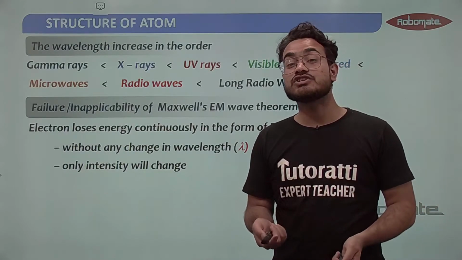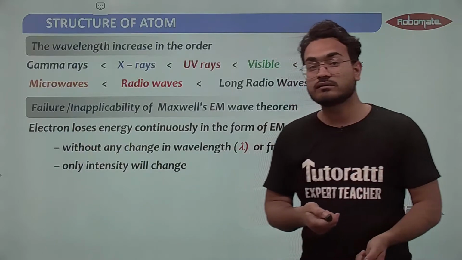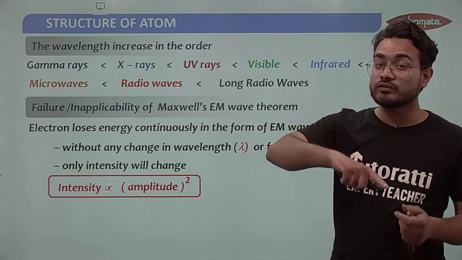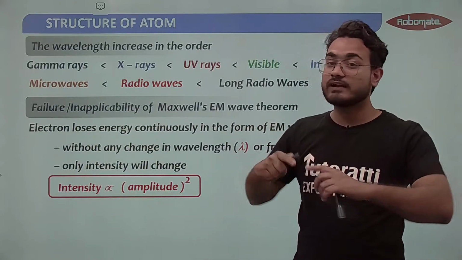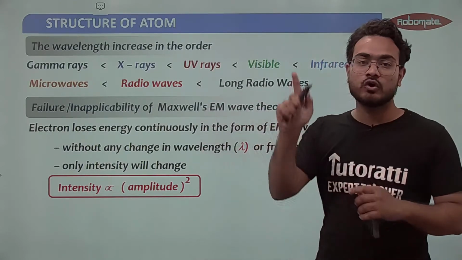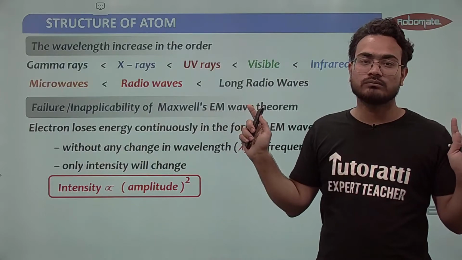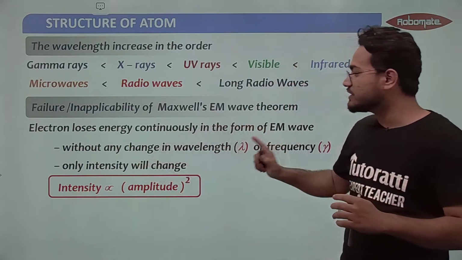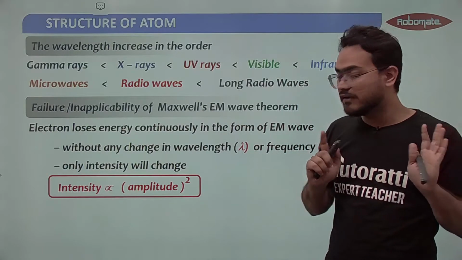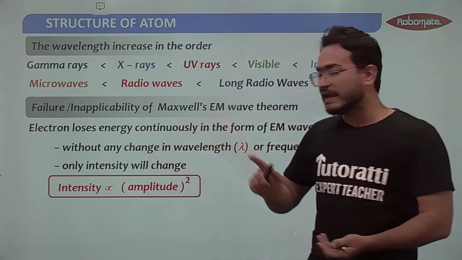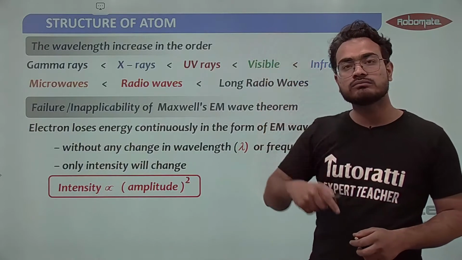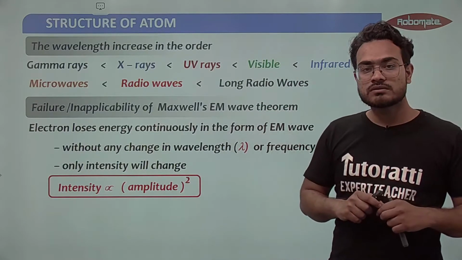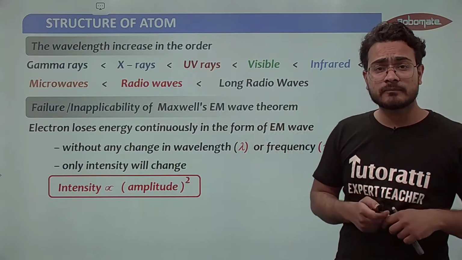If intensity is changing and amplitude is not changing... because if amplitude changes, then frequency will change, and then the whole concept will go down. Maxwell himself is saying that only the intensity is changing and wavelength is not changing. And we know the intensity is directly proportional to the square of amplitude. So this cannot happen. It means Maxwell was wrong in this aspect.